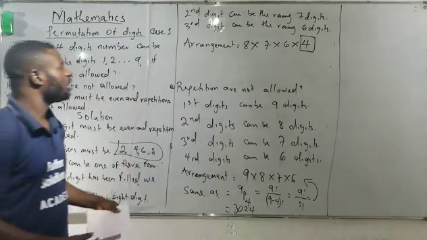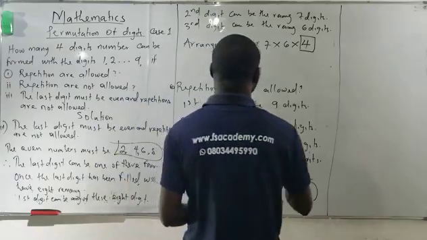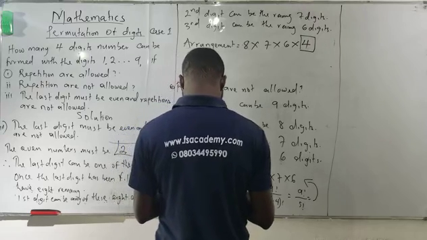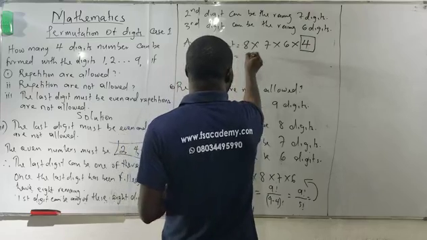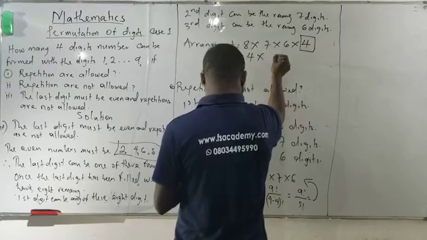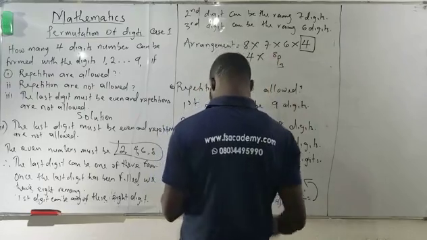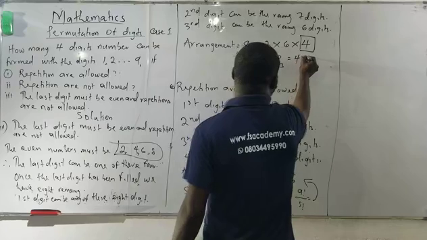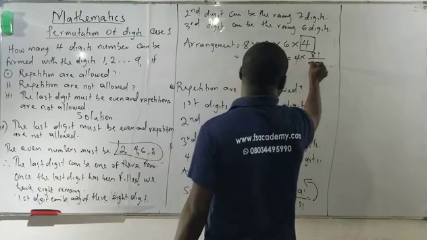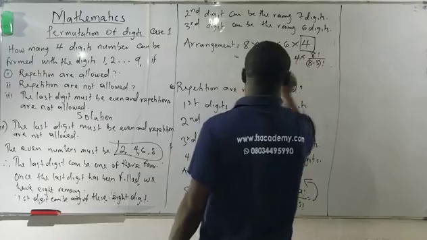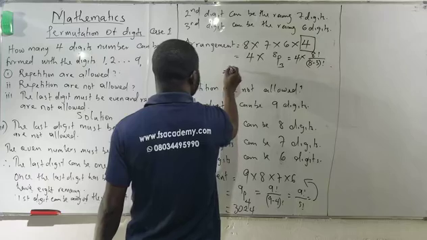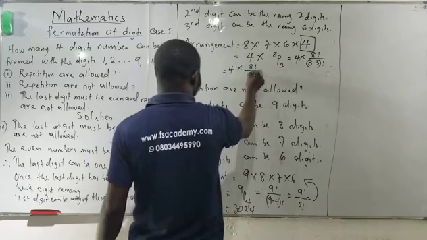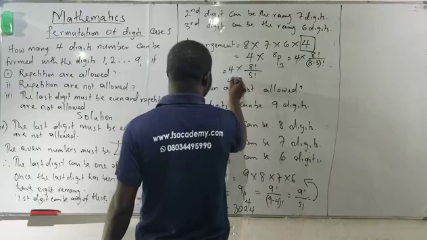Do you get me right? From here I can say this is the same thing as 4 multiplied by 8 permutate 3, which is 4 multiplied by 8 factorial divided by 8 minus 3 factorial, which equals 4 multiplied by 8 factorial divided by 5 factorial, which I'll be having 4 multiplied by what?